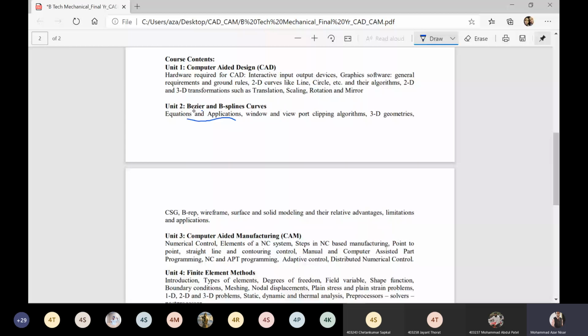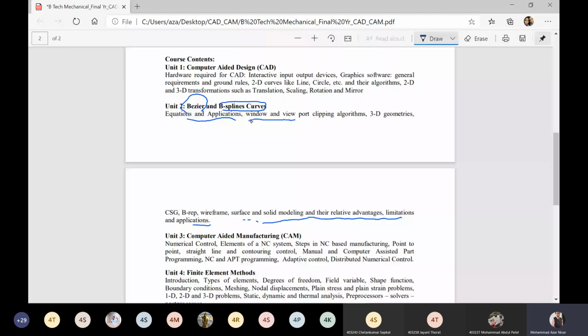What are these kinds of curves, and what advantages are asked, and the surface and solid modeling advantages and limitations will be discussed at the end of this topic. The only part of the numericals remaining is the window and viewport clipping algorithm and the problems over line clipping and polygon clipping.